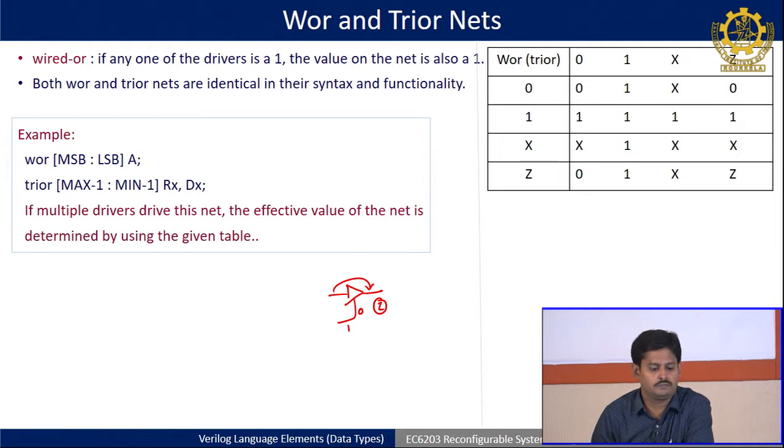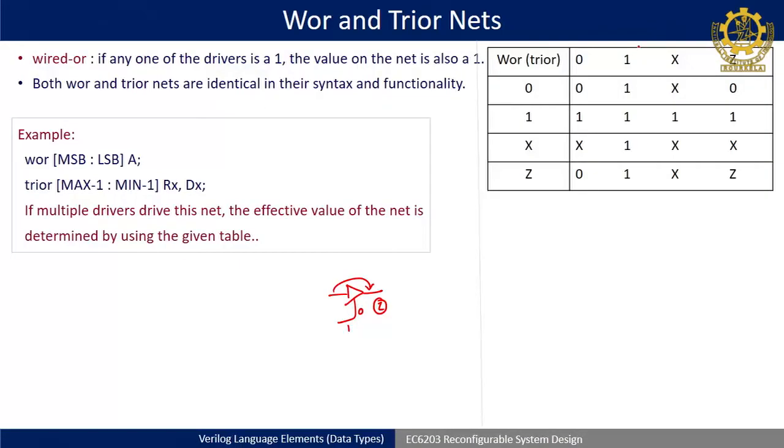So, wor, as the name indicates, we are now discussing multiple driver inputs or data types. If any one of the drivers is 1, then the value of the net is also 1. If any one is 1, the entire output becomes 1, irrespective of the other side. Assume this is one input driver and this is another input driver out of two statements.